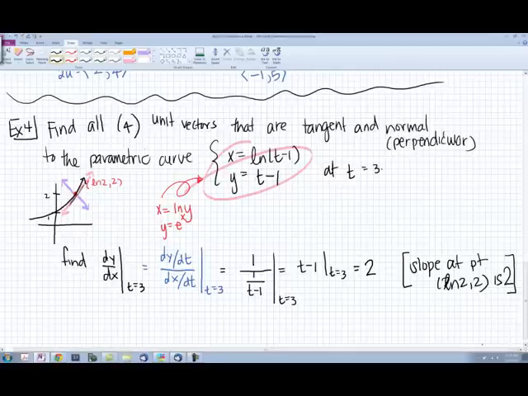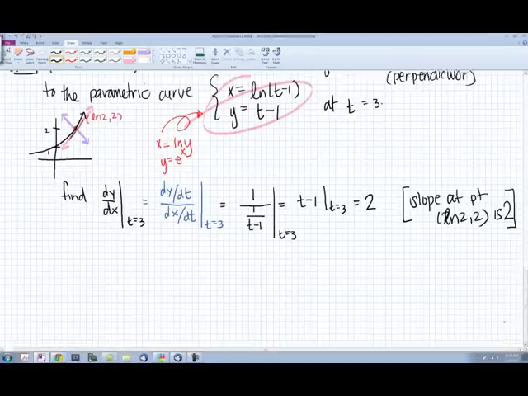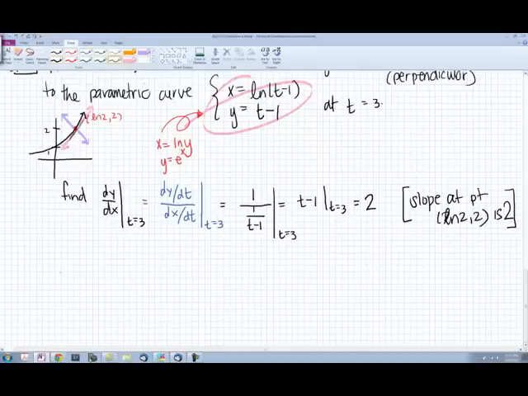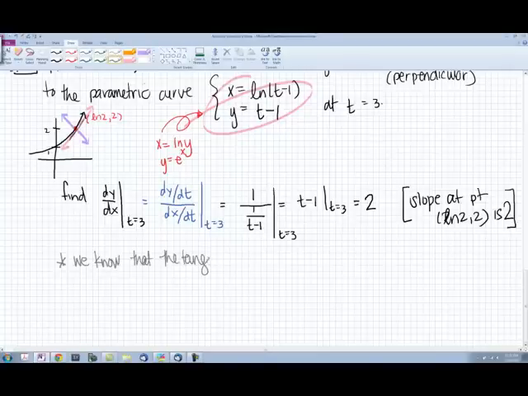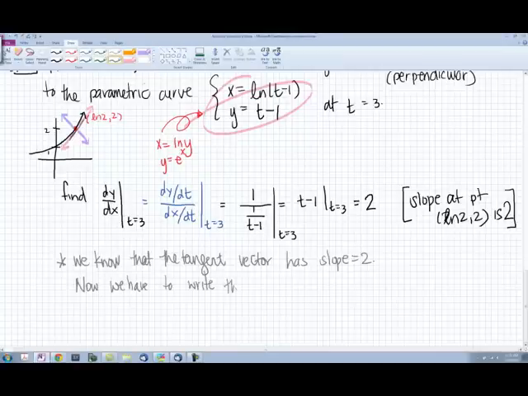Okay? So now I need to be able to write the tangent vector that goes with this. Let me just back up a little bit and make sure you understand what we have. We know that the tangent vector has slope equal to 2. But now we have to write the vector for this.